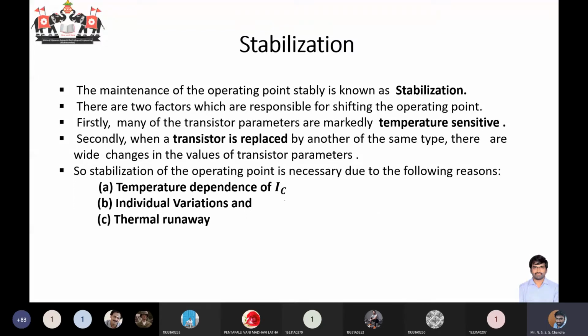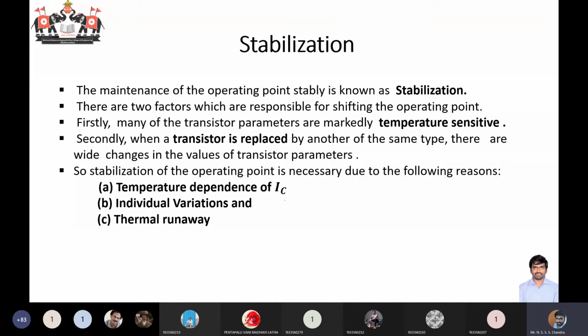Secondly, sometimes in our experiments, if one of the elements is not properly working, you want to change it or replace it with another identical element, right? If you are replacing a transistor with another transistor of the same batch, even though the manufacturing sheet will say that the values are the same, in reality no two transistors will be identical.